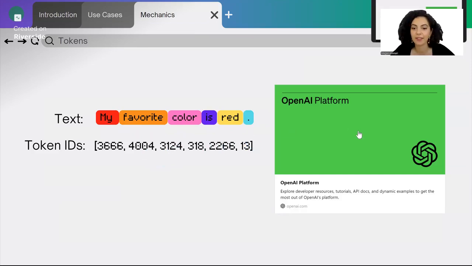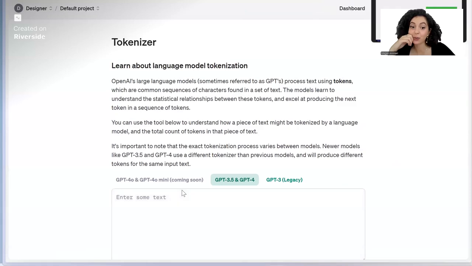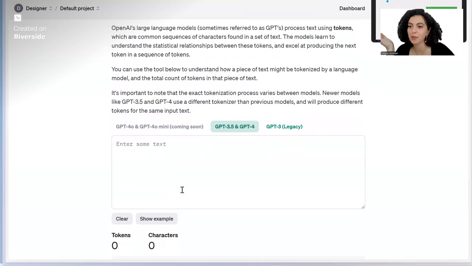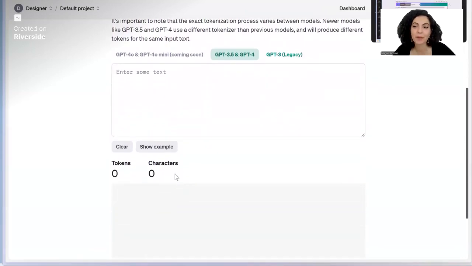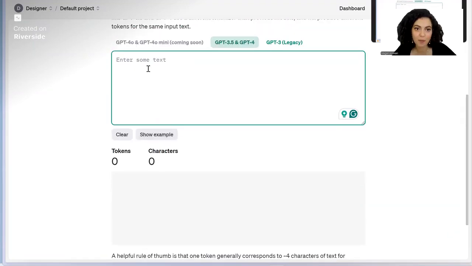So this is kind of fun to see because with these different AI apps, you are limited to a certain number of tokens, depending on your membership or subscription. So it can be helpful, especially if you start using AI at large scale. You'll want to know how many tokens you're using so you don't run out and so you can budget for it, especially if you use it for automated tasks and things like that.